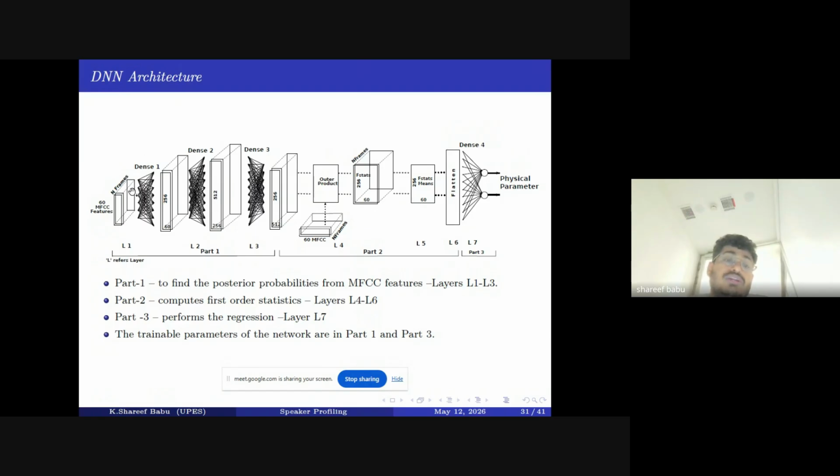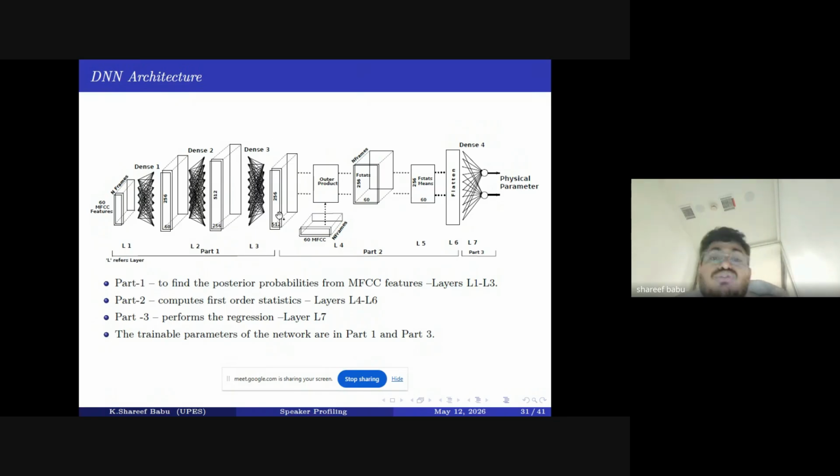Then we propagated with 256 neurons here, and then we interpolated the same 256 to 512, and again decimated to 256 neurons here. So this particular layer is part of our training model, training parameters.